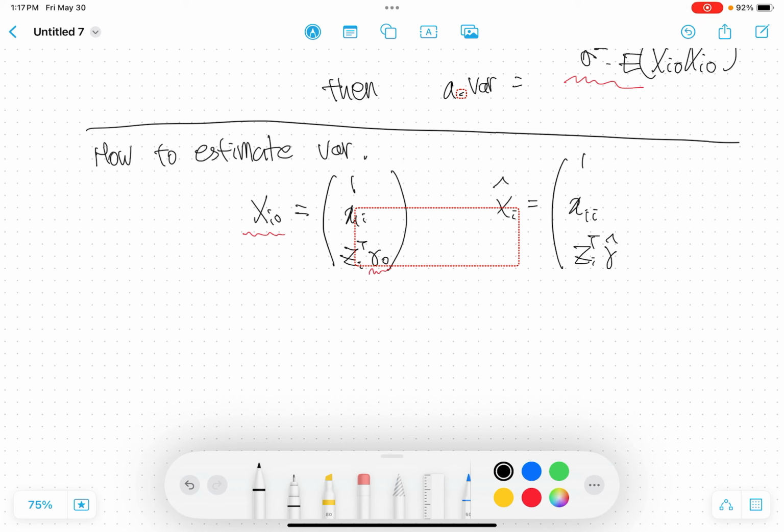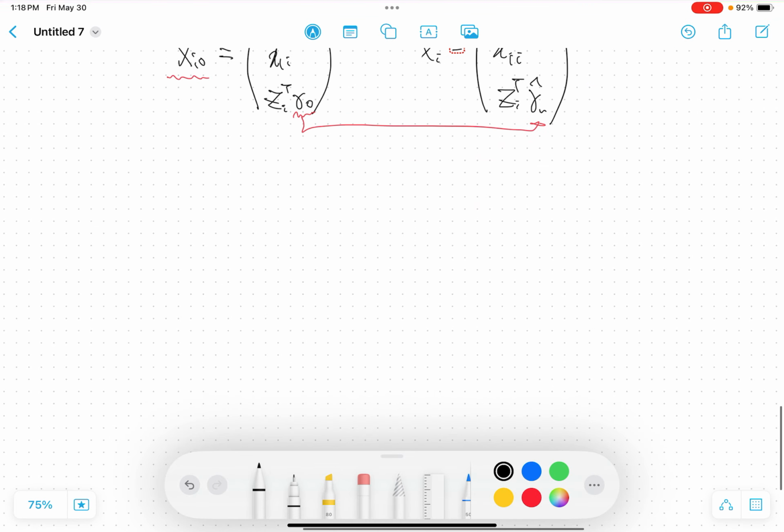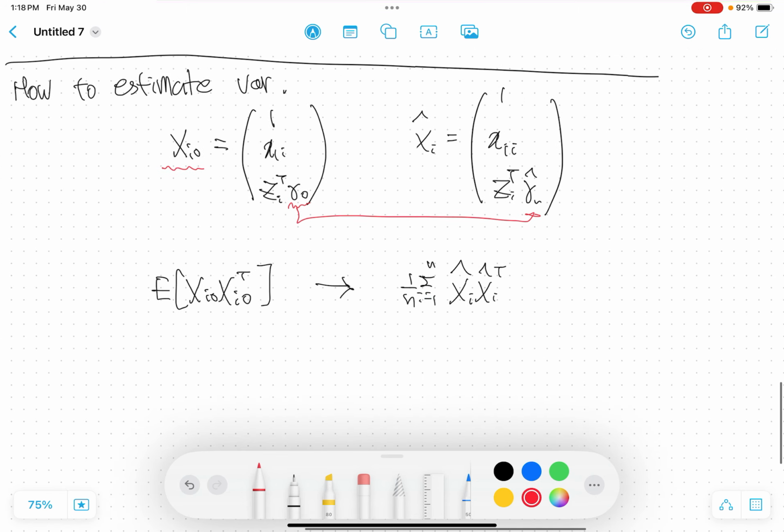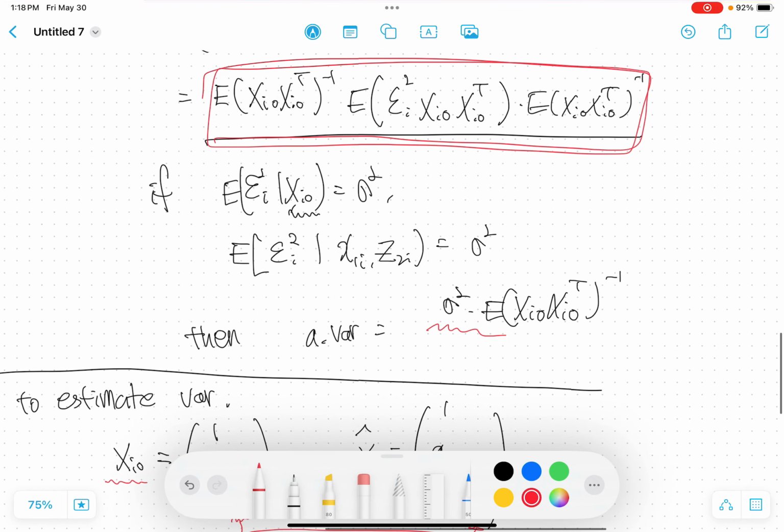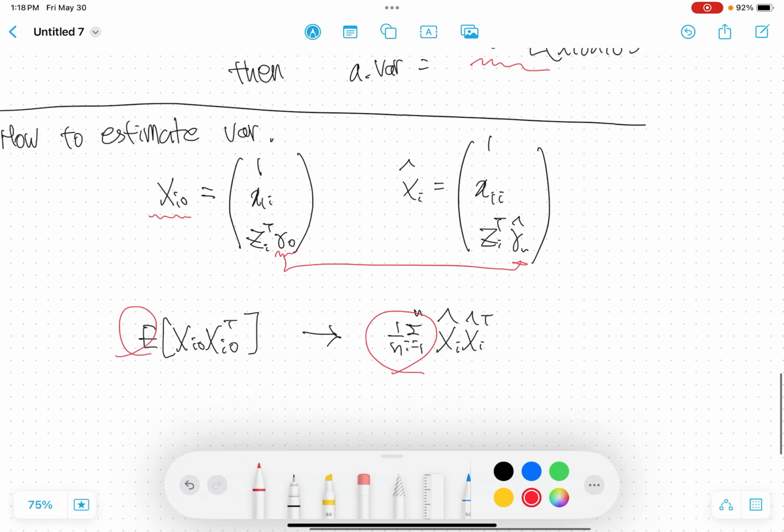The idea is, why don't we just use estimated gamma, right? Replace unknown gamma 0 with gamma hat. Then you can calculate the things. So as a result, when you estimate the expectation of xi0 transpose, you estimate this using xi hat transpose. Just replace the expectation with a sample average. And then, other than that, we need to handle epsilon, right?